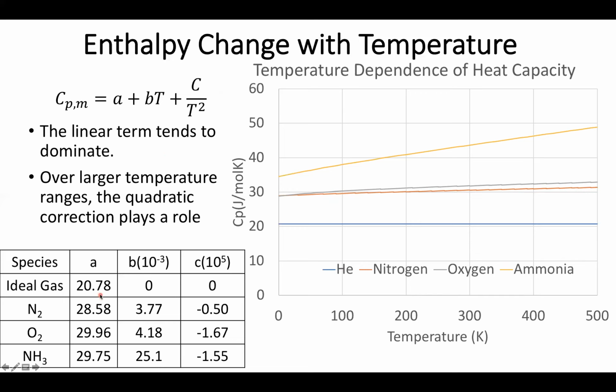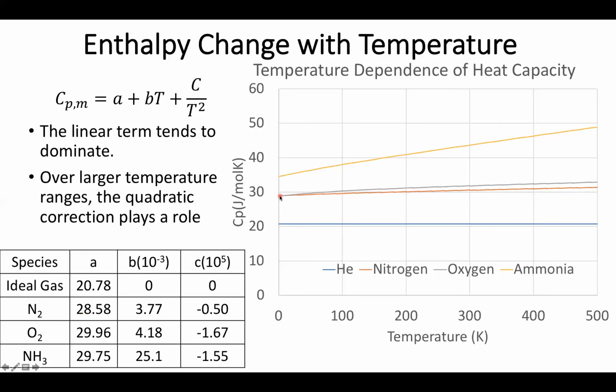So if I have an ideal gas like helium, my isobaric heat capacity is about a constant 20.8 joules per mole Kelvin. However, let's say I start having a little bit more IMFs and I get to something like nitrogen, which we go ahead and see here.